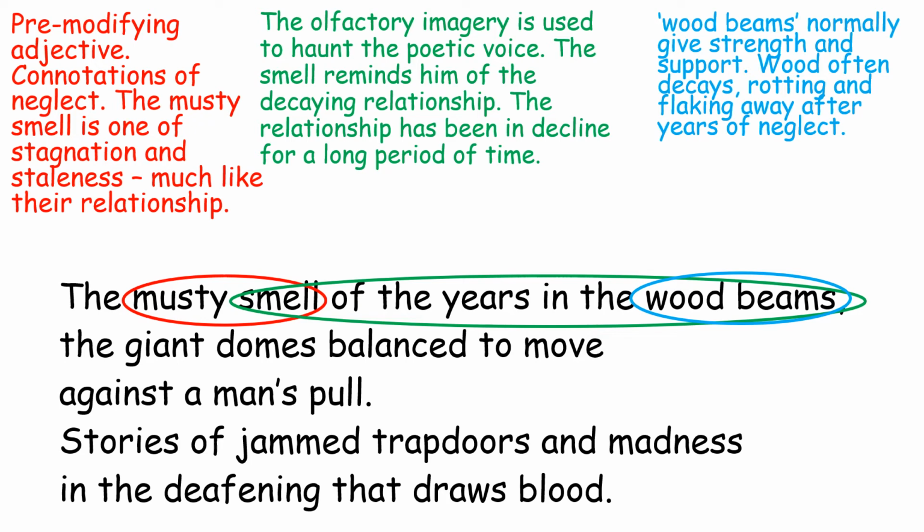Here, these wood beams that are smelling musty are suggestive of decay and rot and perhaps flaking away after years and years of neglect. Perhaps much like wood beams rot and lose their strength and lose their power, the relationship between the father and the son has decayed over time and is now something completely weak and ready to break.